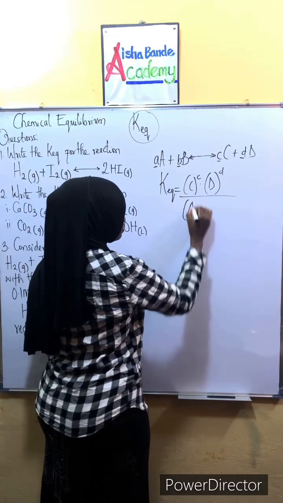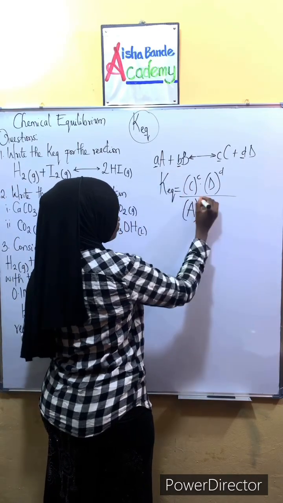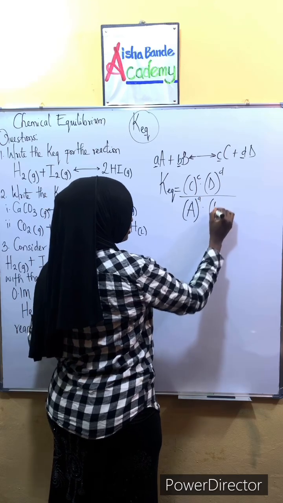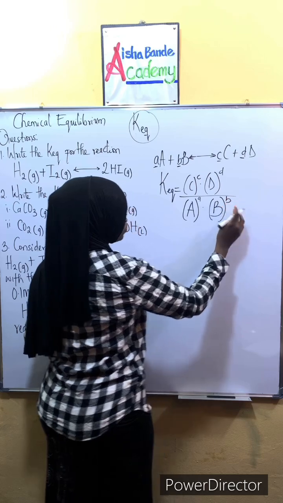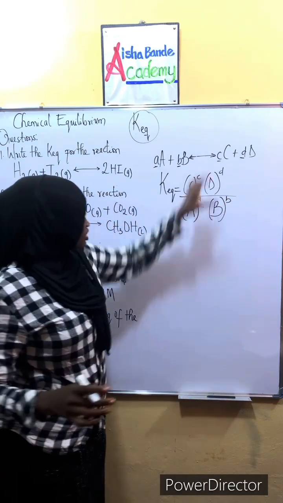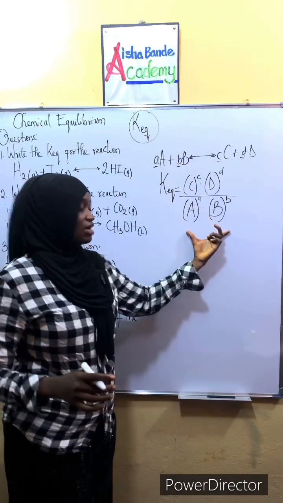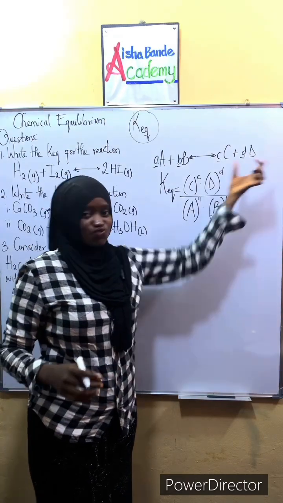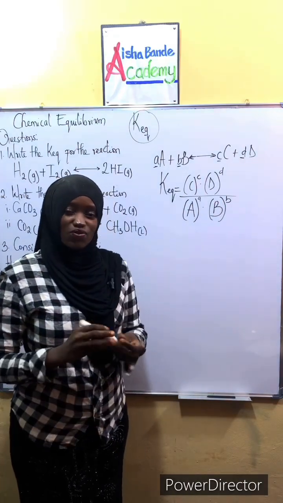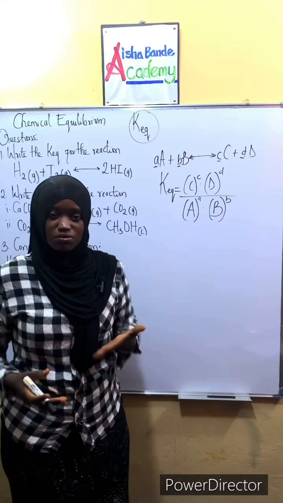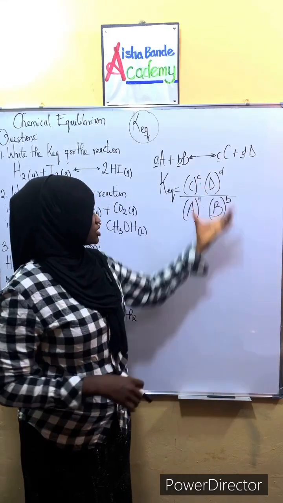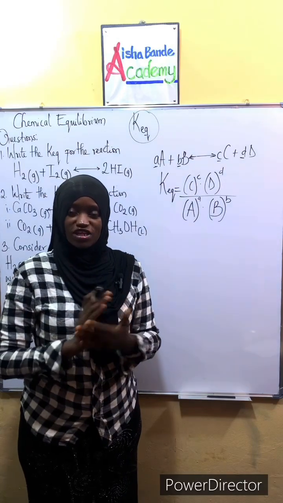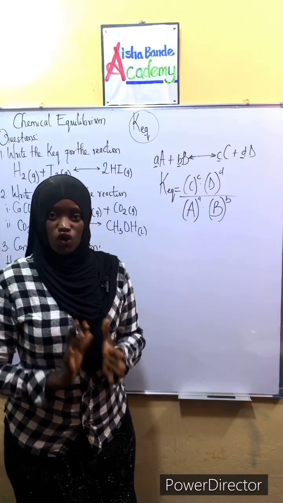This is going to be capital A raised to the power of the coefficient, which is a, multiplied by capital B raised to the power of small b, which is the coefficient. So from this chemical reaction, this is the chemical equilibrium expression of this reaction. Whenever we are solving any mathematical problem under chemical equilibrium, this is the format we follow to get answers correctly.